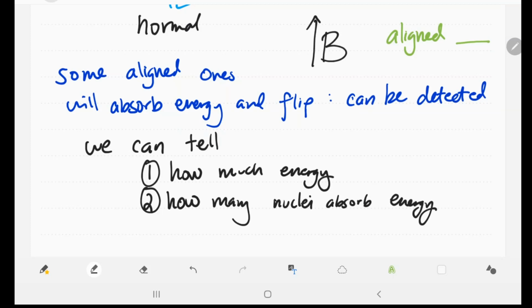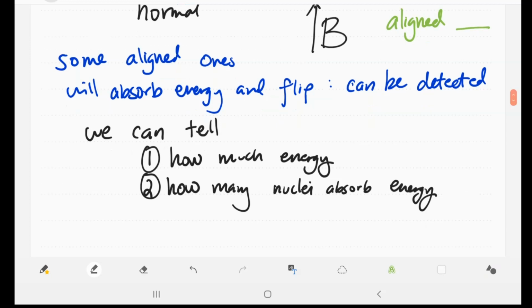And this is going to tell us everything that we need to know about a molecule, believe it or not. Because we're going to see that depending on the nucleus, what's hanging around it, things are going to behave differently.